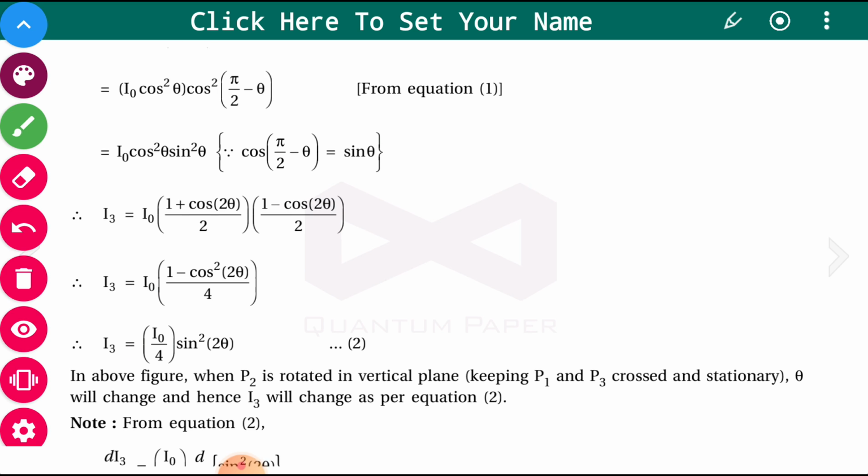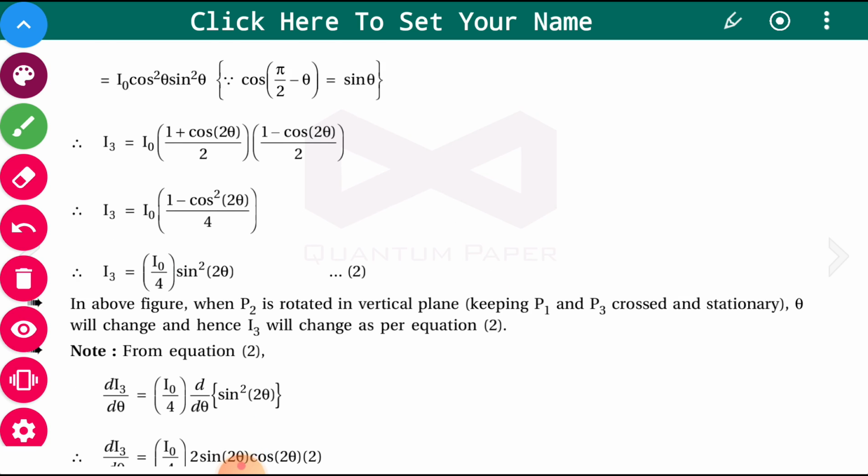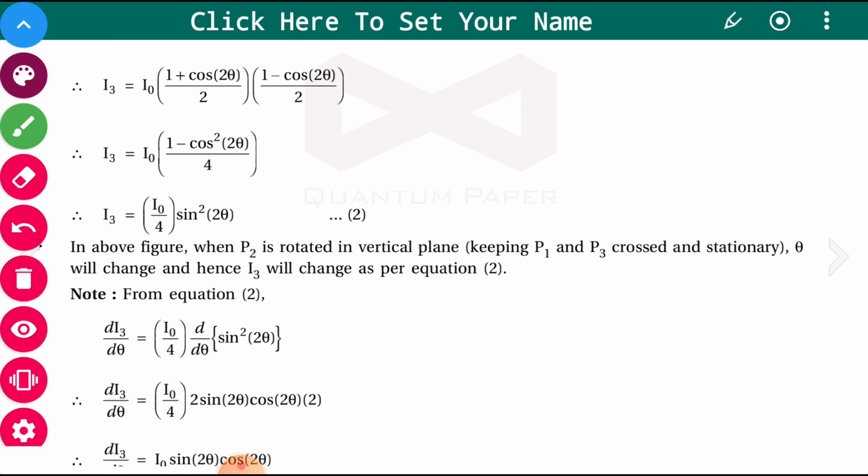So in the above figure, when P2 is rotated in the vertical plane, theta will change, and hence I3 will change as per this equation number 2. As theta changes, the intensity coming out from the third plate also changes.